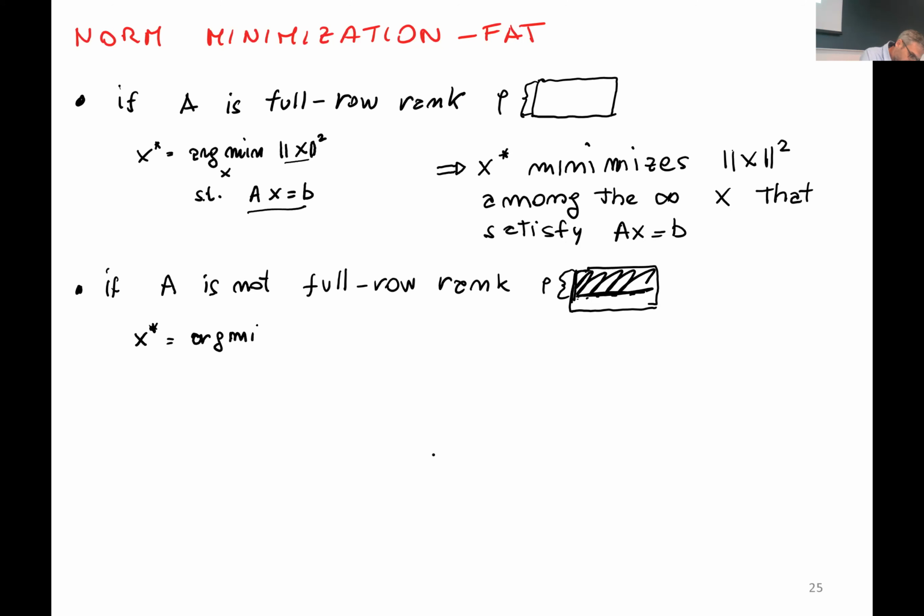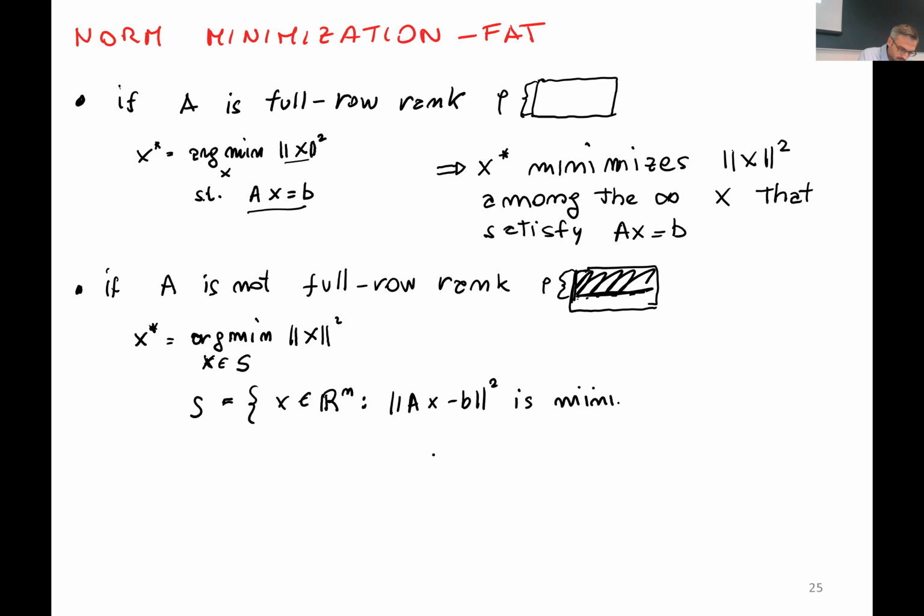So the pseudo inverse will provide the minimum norm solution of the ones belonging to the set S that represents the X for which this term is minimum.